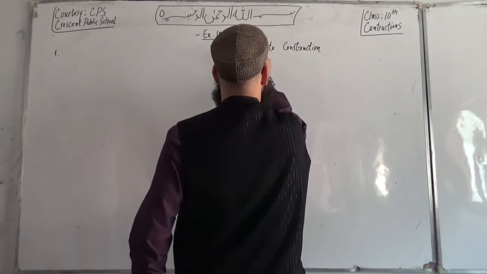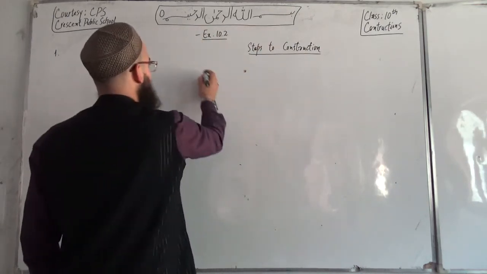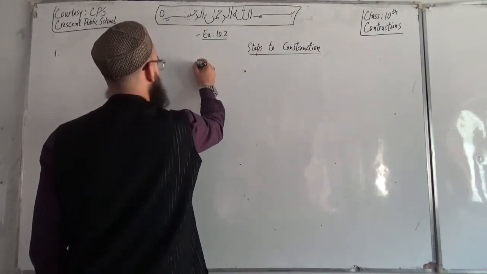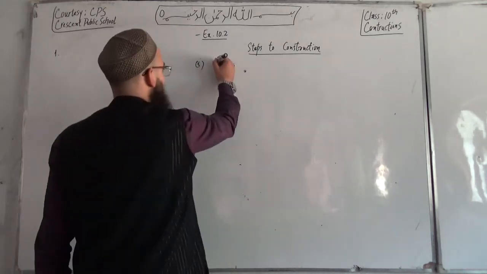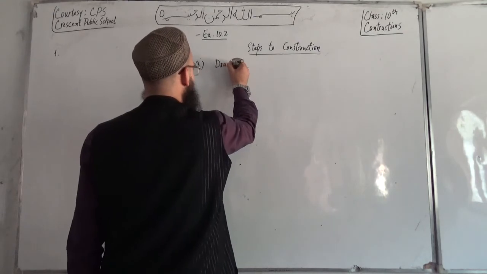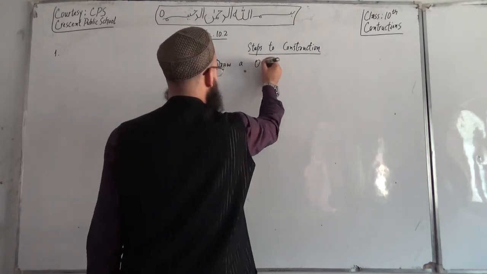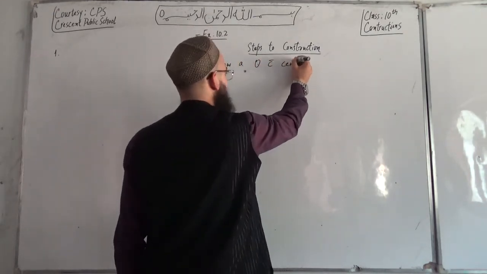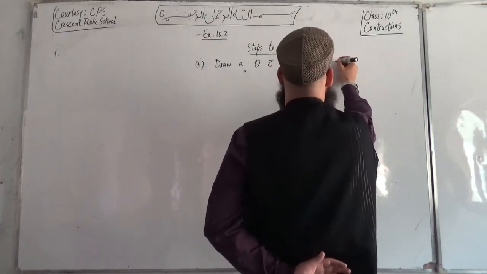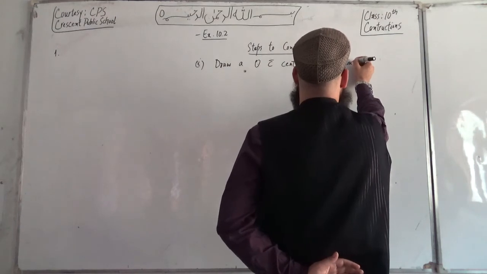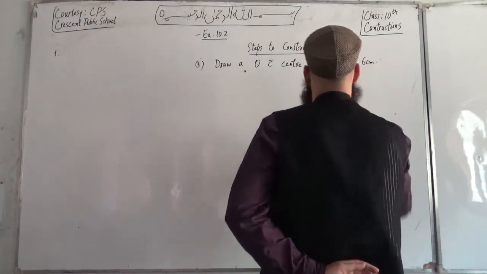Step number 1. Draw a circle of radius 6 centimeters. So simply draw a circle with center O of radius 6 centimeter.